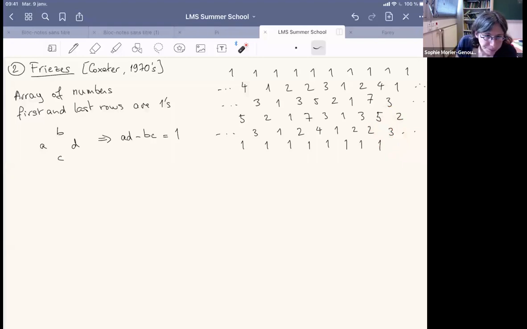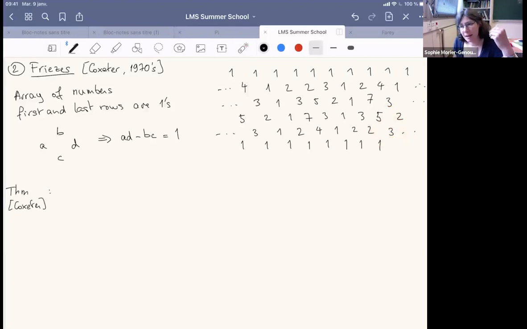So this will be the main object for the next lectures. So I'm not going to reveal everything today about them. I just want to give one property, which is the following. Let me call this theorem. It's in the work of Coxeter.